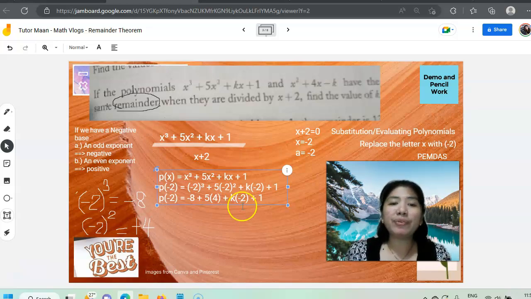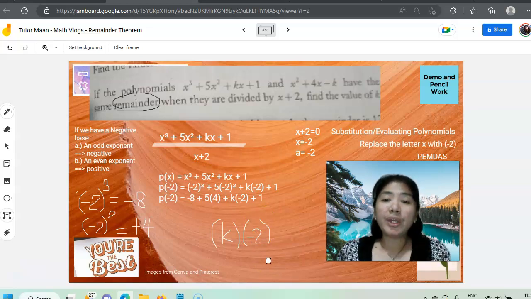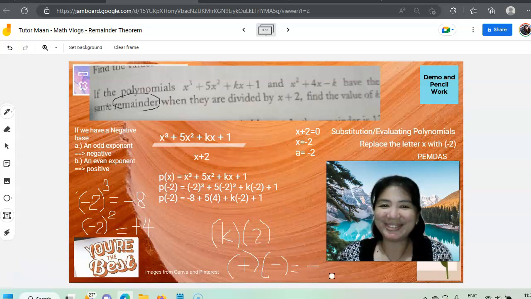And then let's compute for the third term. So we have a variable k. It's a positive k multiplied by a negative 2. So let's review. If we are multiplying a positive factor with a negative factor, the answer is negative.